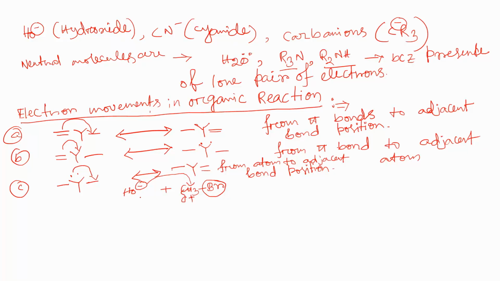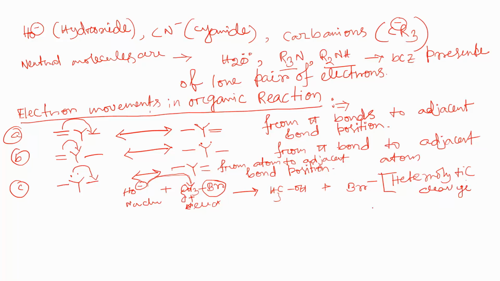In an organic reaction we need one nucleophile and one electrophile, so the nucleophile can attack the electrophile. OH minus attacks CH3 and we get CH3OH, methanol, plus Br minus. This reaction goes via heterolytic cleavage.